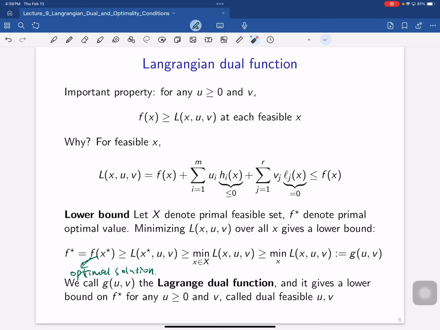So that shows you that by construction, if we pick any u greater than or equal to 0 and v, then this g of u, v is always a lower bound. You can argue the other way, but because we need this argument to follow, that's why we need to pick u greater than or equal to 0 by construction. Okay.